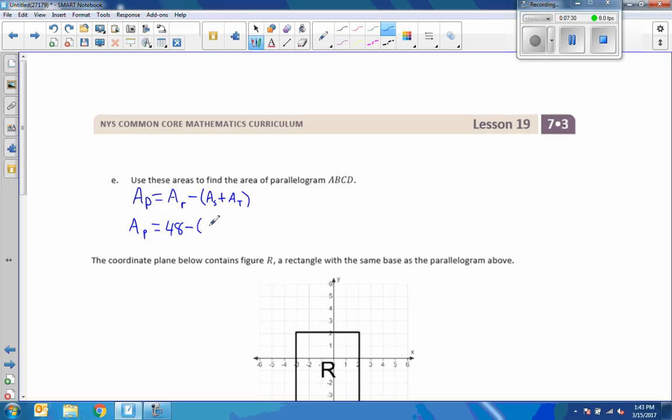So I'm going to write area of S is 9, plus the area of T is 9. So the area of P equals 48 minus 18, because my order of operations says to do parentheses first. So I finally get my answer. The area of that P parallelogram is 30 units squared.